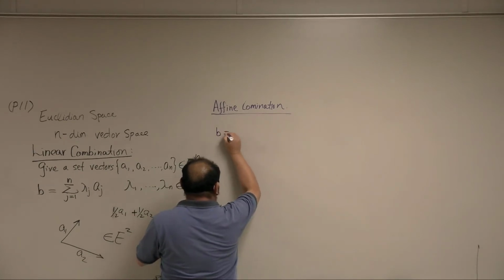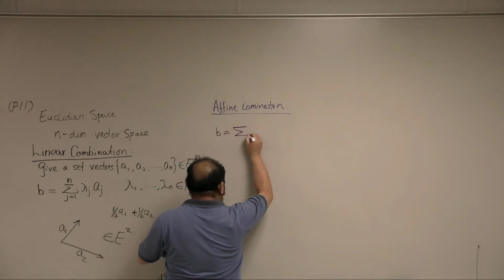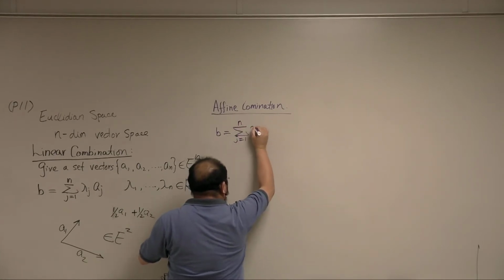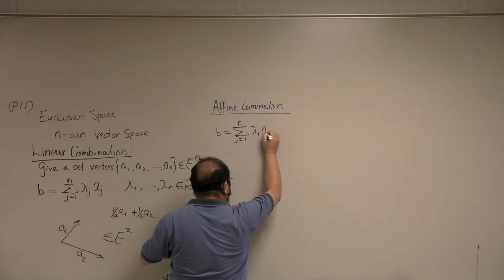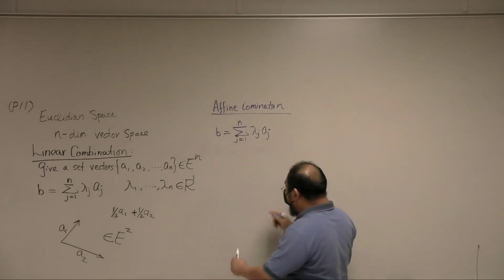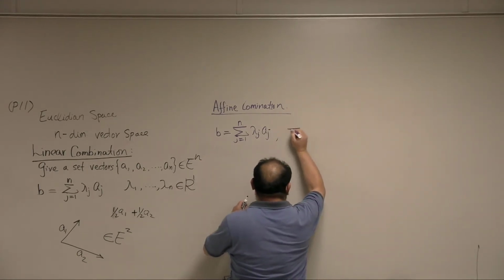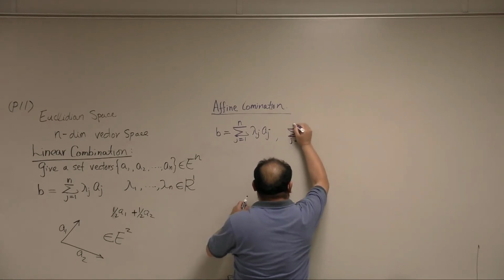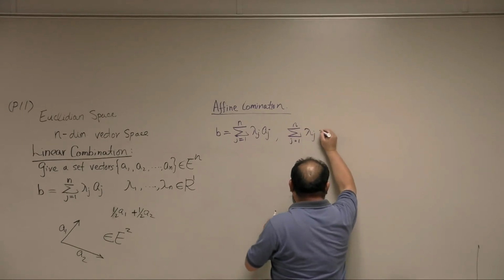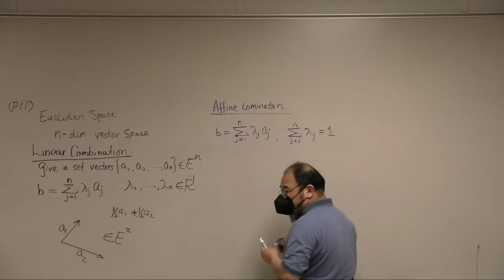B equals the summation from j equals 1 to n of lambda j times aj, but the summation of lambda j totals equal to 1.